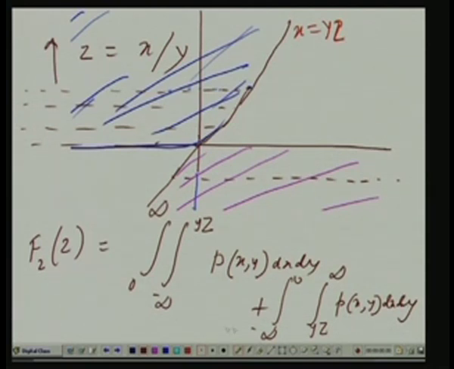So, as you can see, the entire thing becomes a function of capital Z alone, and there is a probability distribution of Z. How about the probability density? That is again very simple.